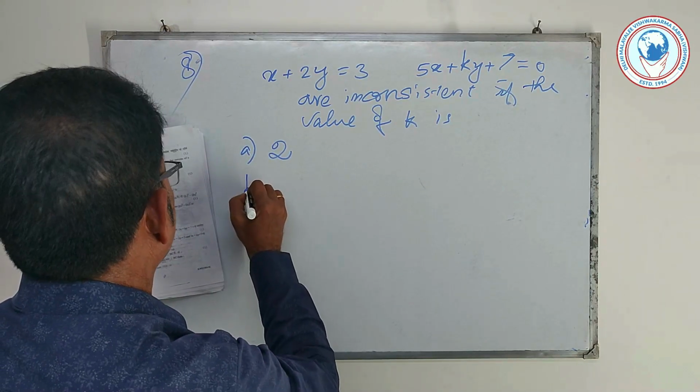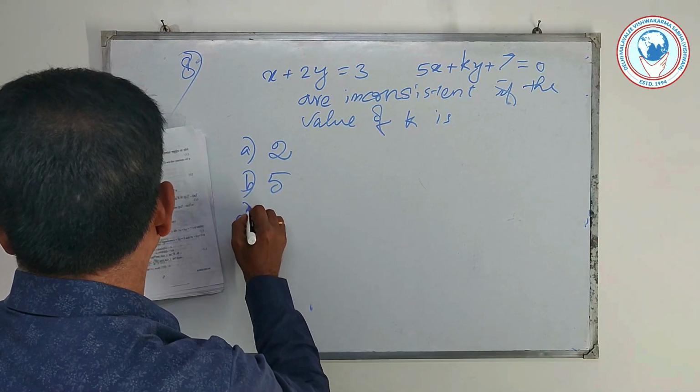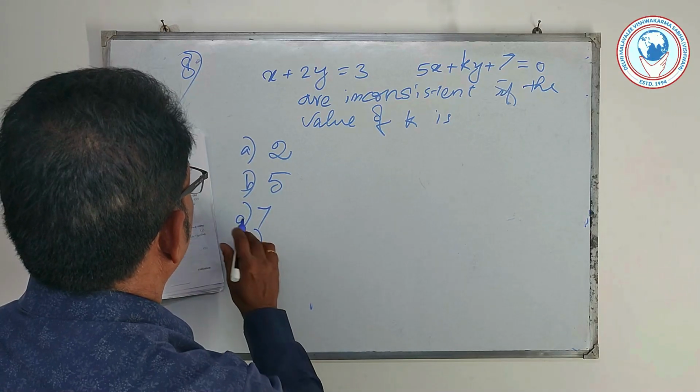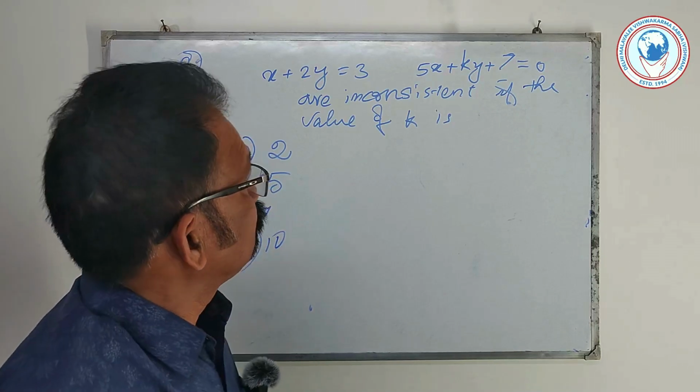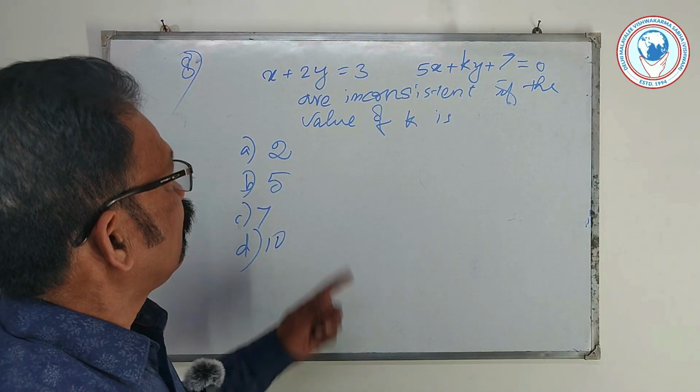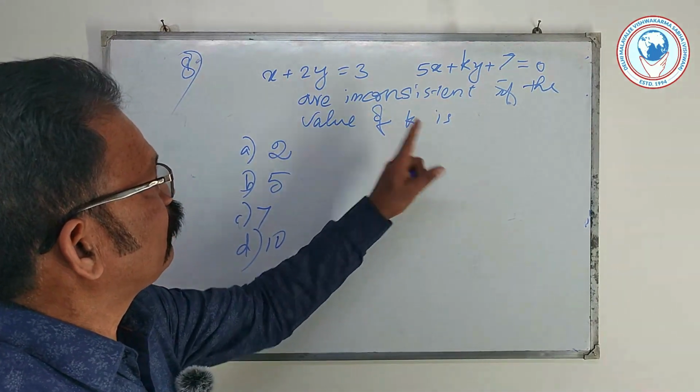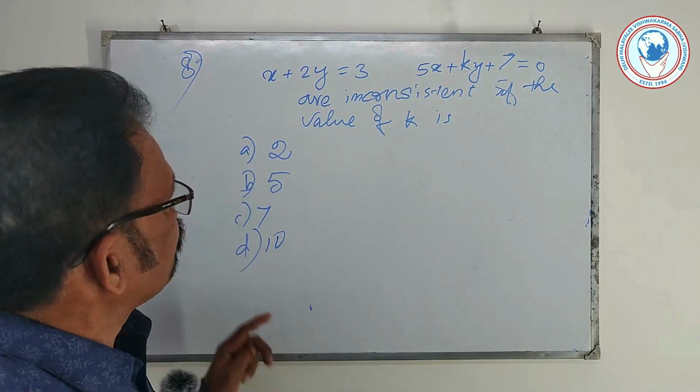A 2, B 5, C 7, D 10. These two equations are inconsistent if the value of k is what.